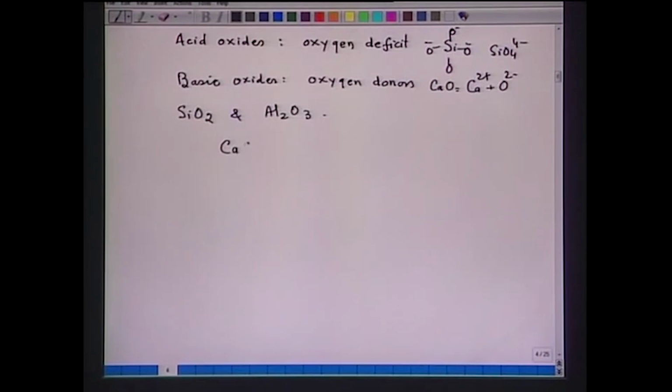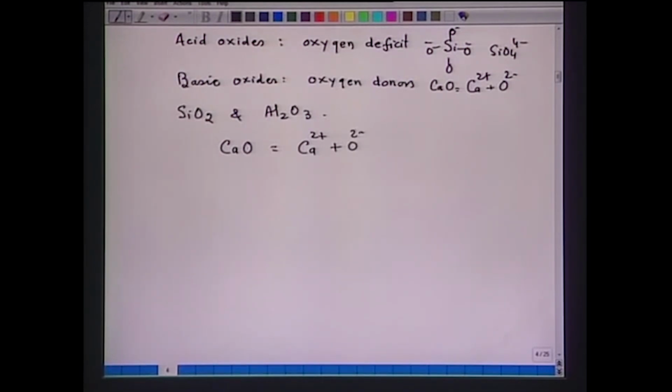Now, let us consider an addition of calcium oxide. If we add calcium oxide, what does it do? Calcium oxide dissociates to Ca2+ plus O2-.